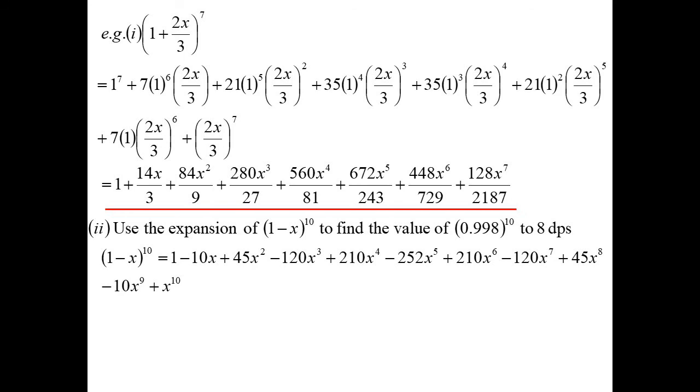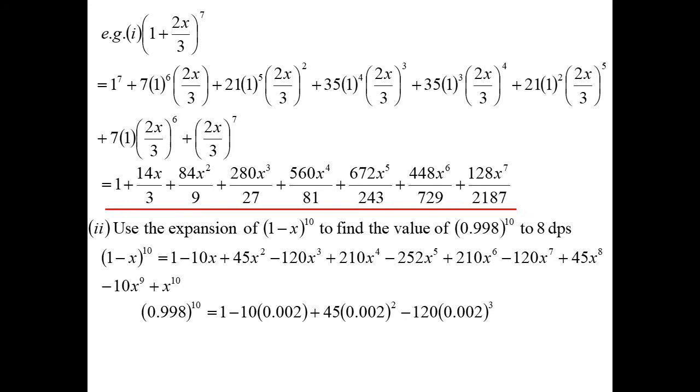Well, 0.998 I could rewrite as 1 - 0.002. So I substitute in 0.002 for x. But here's the thing, because I'm doing it to 8 decimal places, I don't need to use the whole expansion. I can stop at x^3, because after that, to 8 decimal places, 0.002^4, for instance, will be 0.